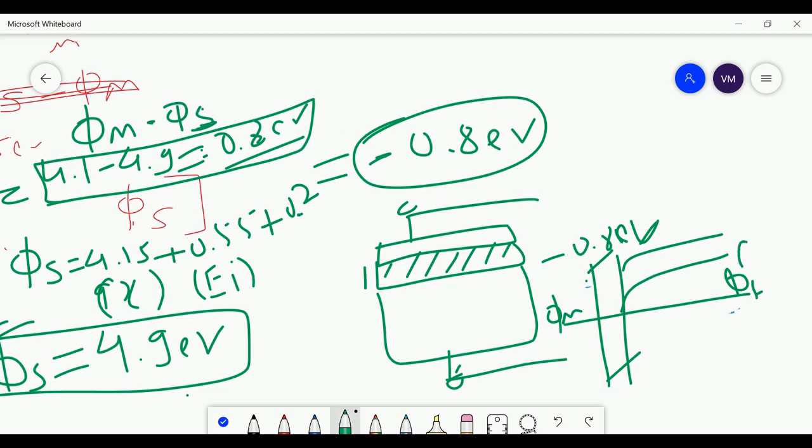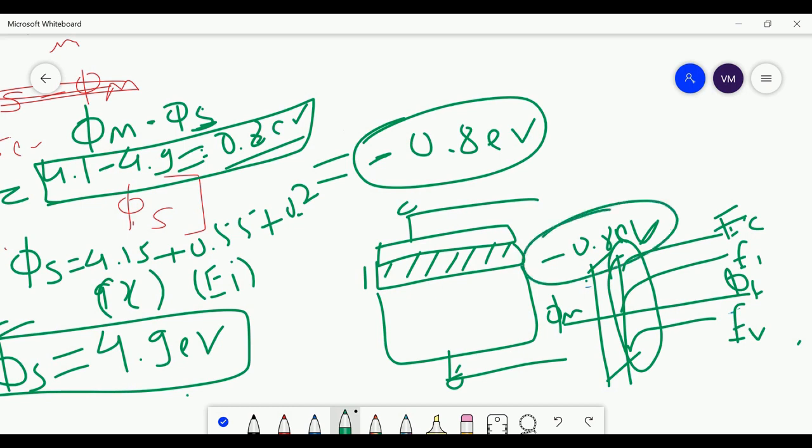This was the intrinsic band, this was your conduction band, and this was your valence band, and this is how it was bending. Look at this, the bending is downwards. What was the reason? The reason was this minus 0.8 electron volt, and because of this minus 0.8 electron volt, all the bands were bending downwards.